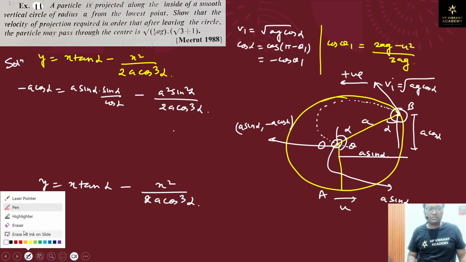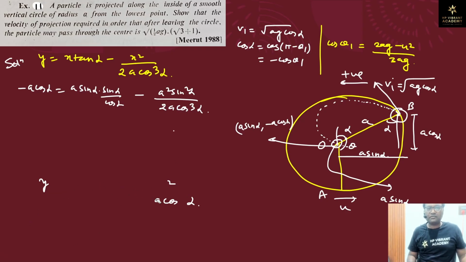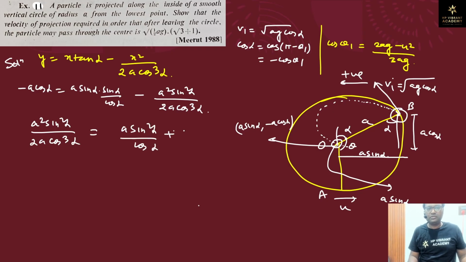Okay, so now let us further simplify this. So we have A square sin square alpha upon 2A cos cube alpha is equal to A sin square alpha upon cos alpha plus A cos alpha. So this is equal to A upon cos alpha.